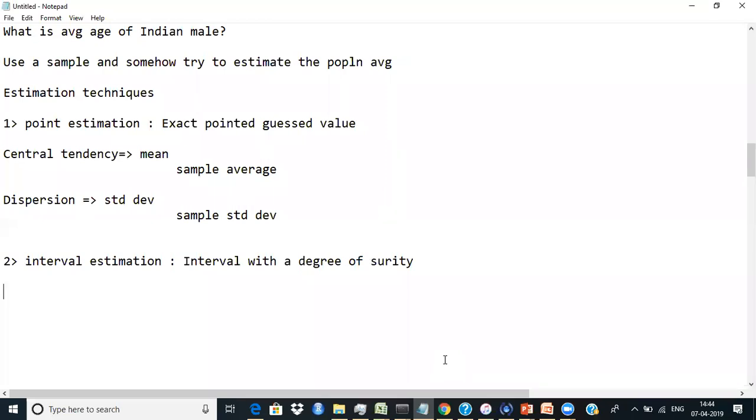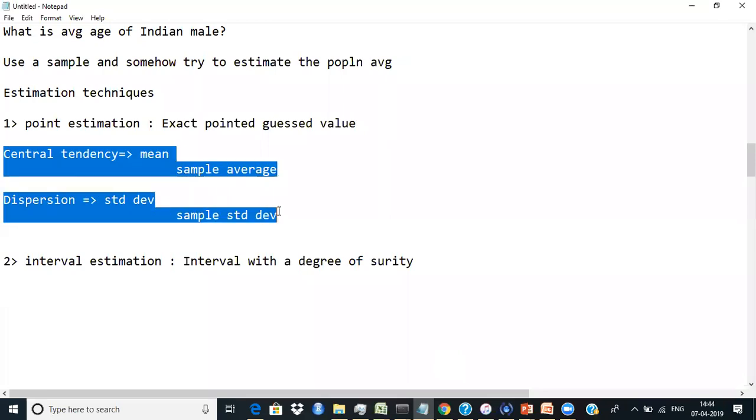Yes. But my answer to your question is, all of this that I have written is for a given sample. If I give you a sample and ask what is your best estimate of the population standard deviation, your answer will be the sample standard deviation.